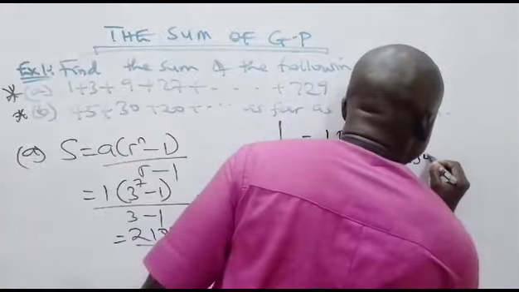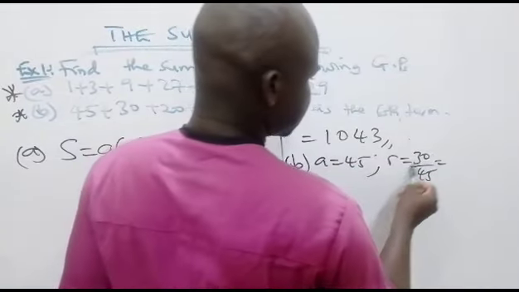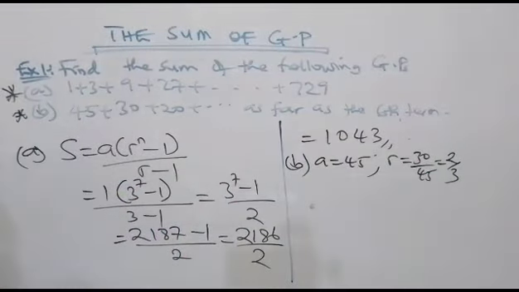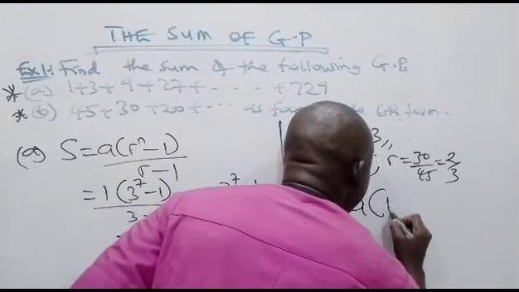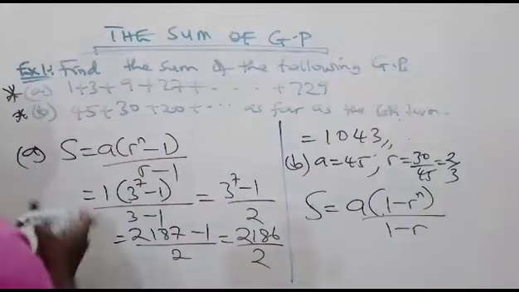So that will be 30 divided by 45, and that will be 2 over 3. 2 over 3 is actually less than 1. So we are going to apply the second formula, that is, the sum is A into bracket 1 minus R^n all over 1 minus R. And that's what we are going to have here.